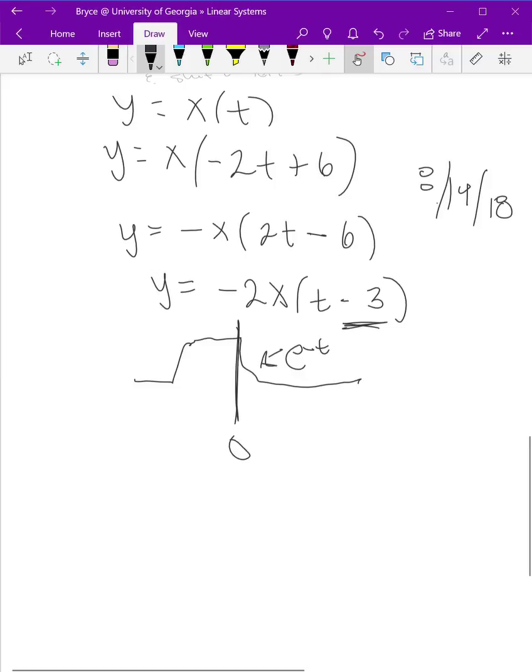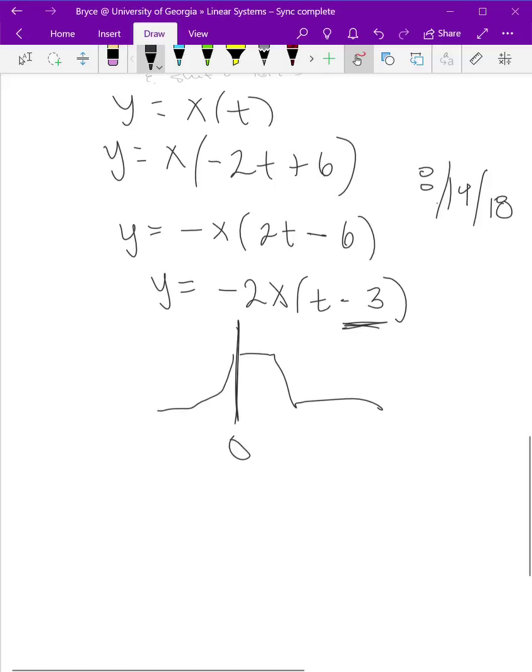So when we reverse it, now what we're going to have is going to be something that looks along those lines.